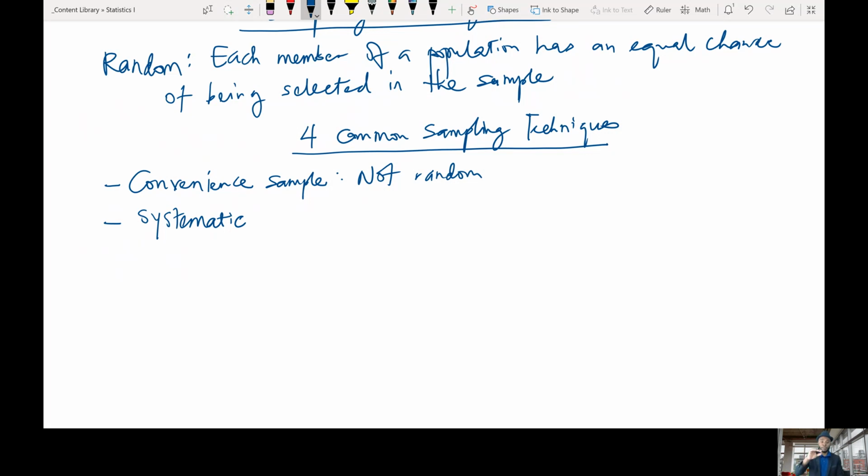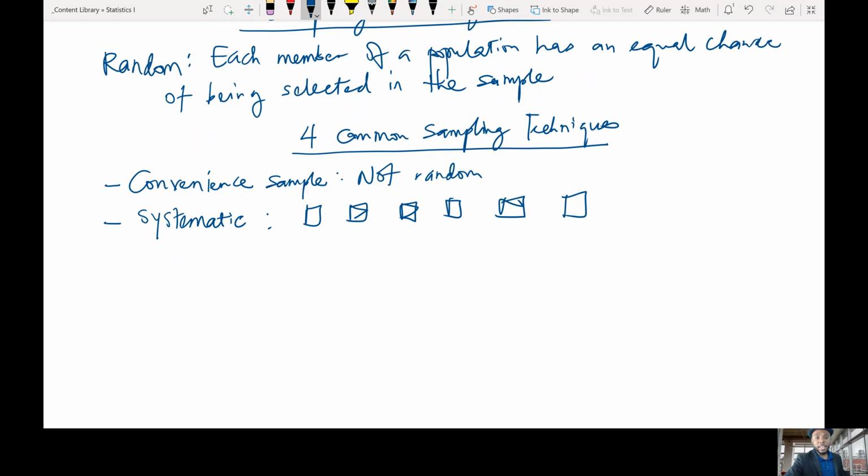Now, if I put a population in some order and select every kth member. Take, for example, I put these boxes in some order, 1, 2, 3, 4, 5, 6, and so on and so forth.